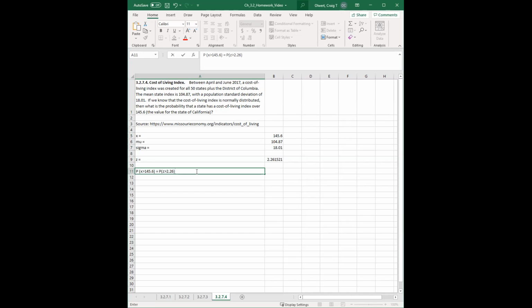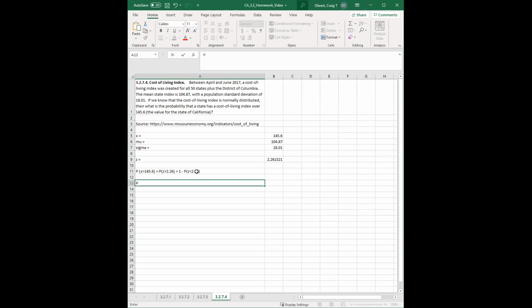The table and the Excel formulas do not give us the area to the right, greater than, but the area to the left, less than a given z-score. But the total area under the curve is 1. So the area to the right is equal to 1 minus the area to the left, or for this problem, 1 minus the probability that z is less than 2.26.